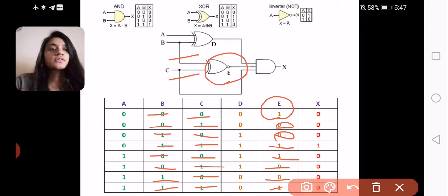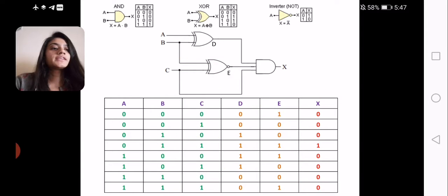Okay. So in a simple manner you have found D and E. Now the turn is of X. So what is X?